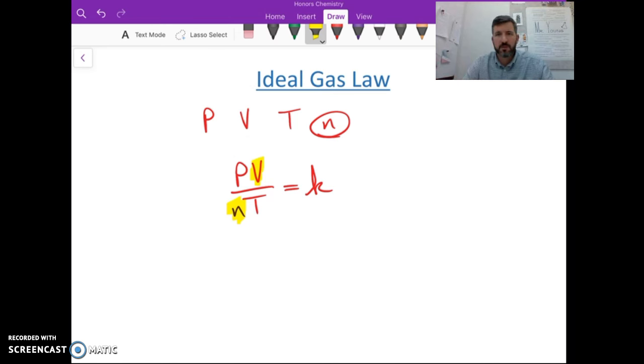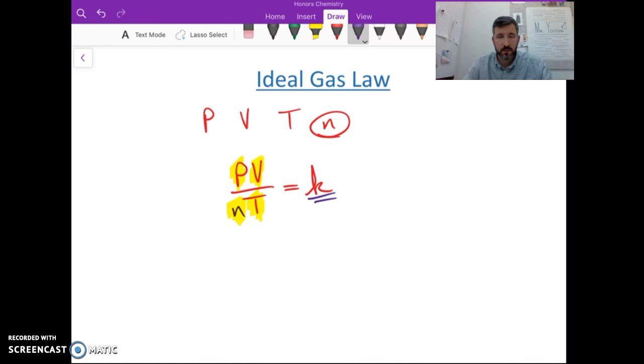And what this gives us is an equation that will always give us the same answer, because we're not stipulating that anything has to be held constant. So for any sample of a gas, pressure times volume divided by number of moles times Kelvin temperature will always give me the same answer. Okay, so it doesn't stipulate that anything has to be held constant.